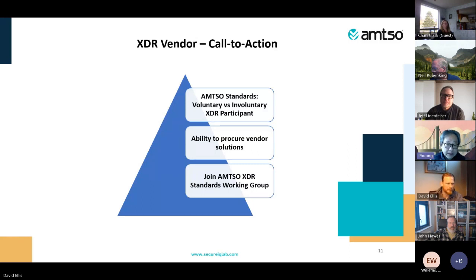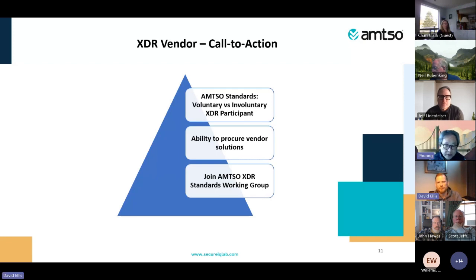They can engage with us, and on the other end, also help us understand the areas we need to bolster in our test environment as well. So it's a mutual thing, and I really encourage vendors to participate with AMTSO and work with us in creating the standard for XDR testing.